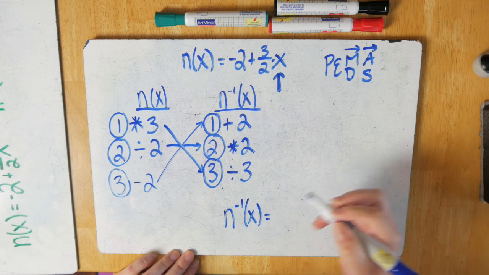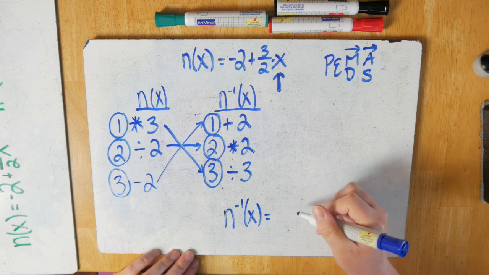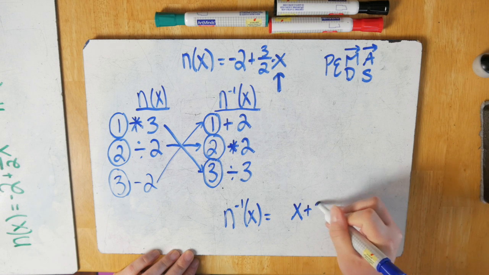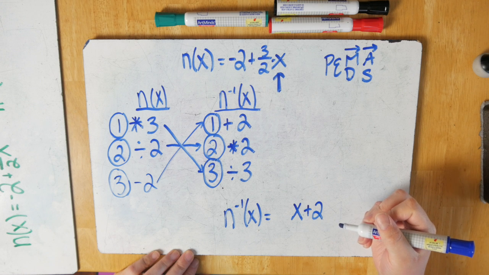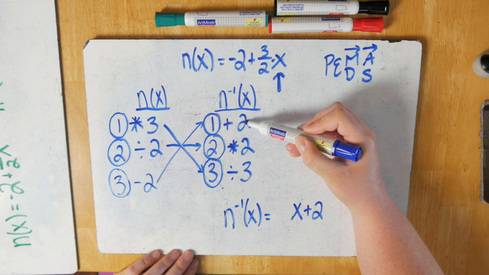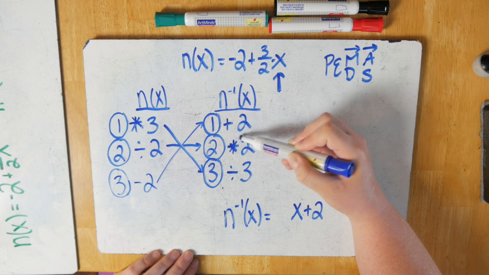So we're going to take some input, x, and add 2 to it. And then we're going to take all of that, the input and the first step, and multiply all of that by 2.